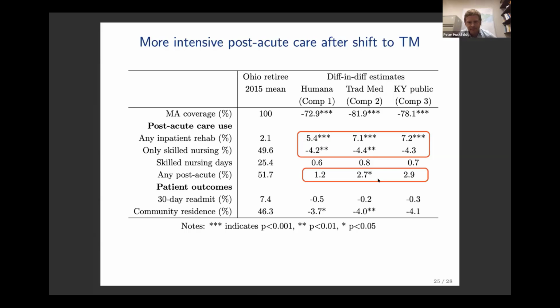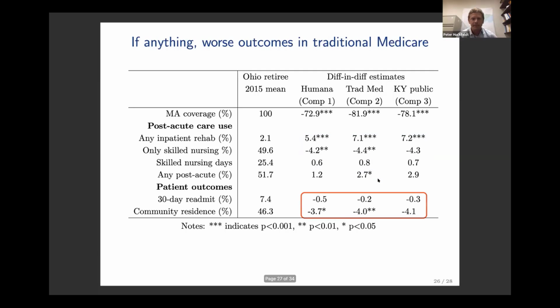There are generally increases in the percentage of retirees that received any post-acute care, but it's only significant for the second comparison group, traditional Medicare. But despite this increase in intensity of post-acute care, you see no change in 30-day readmissions. And if anything, switching to traditional Medicare led to a reduction in the probability of remaining in the community for 30 days after hospital discharge.